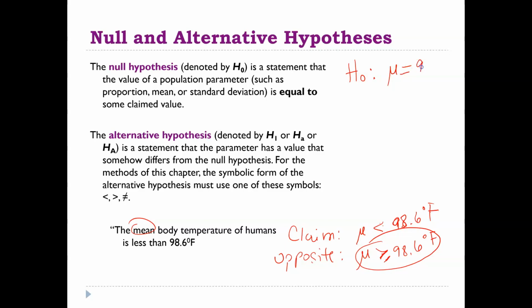Mu is equal to 98.6 degrees Fahrenheit. This is our null hypothesis. For the alternative hypothesis, we'll pick the other statement. We already used the first statement, so we cannot use it twice, and it's our original claim. Mu is less than 98.6 degrees Fahrenheit.